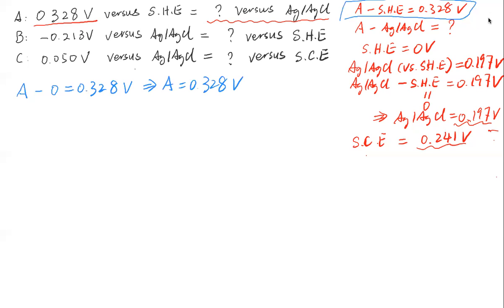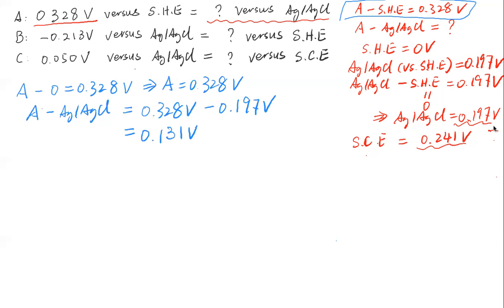Now, we want to look for what is A minus silver chloride, which should be straightforward because your A is 0.328 volts and your silver chloride, as we said here, is 0.197. So you just minus 0.197 volts, and you can get 0.131 volts.